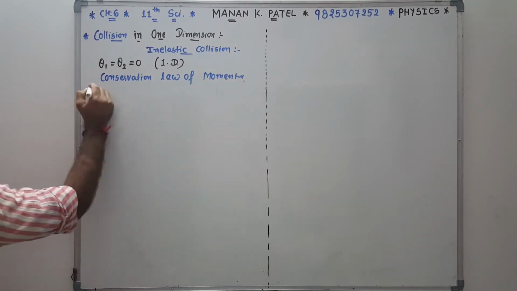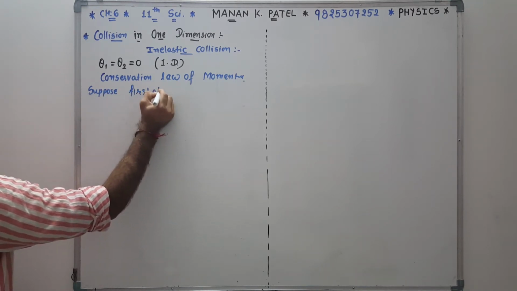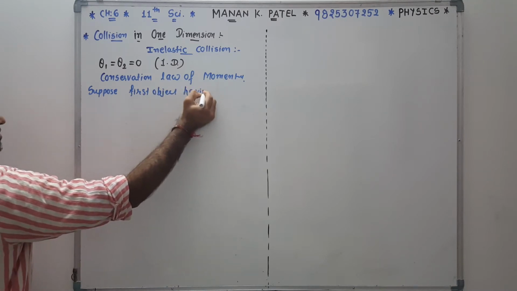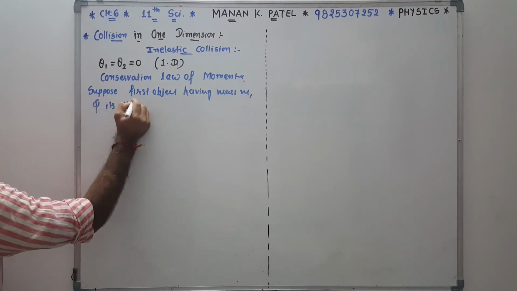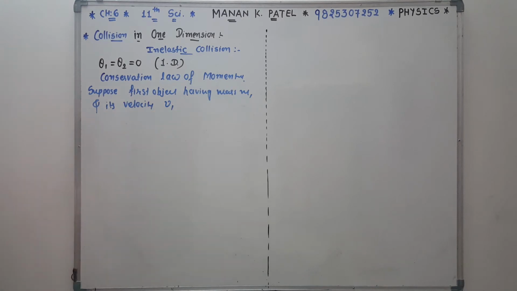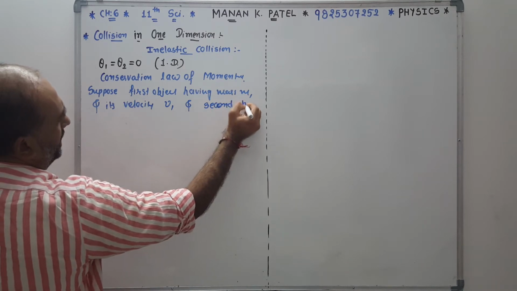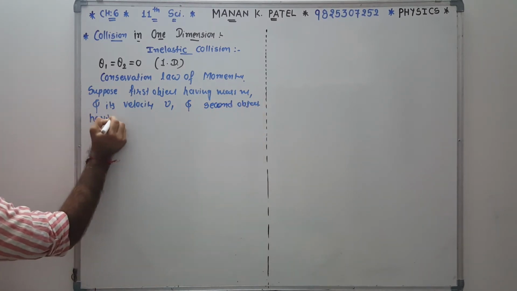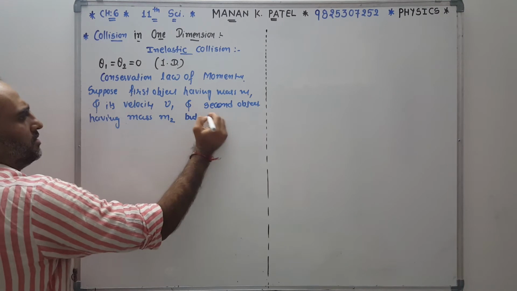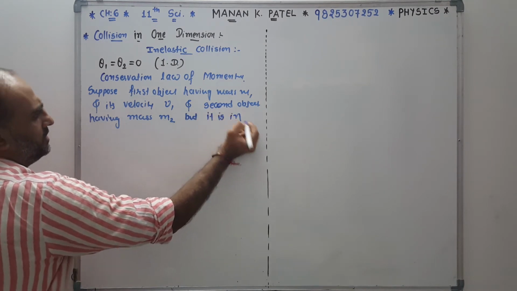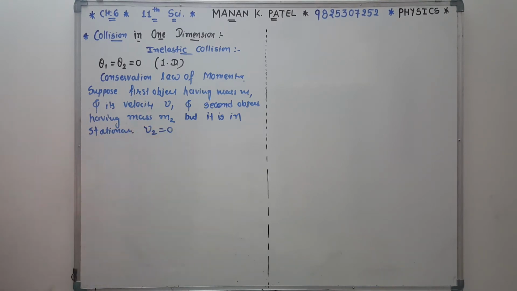Suppose the first object has mass m1 and velocity v1, and the second object has mass m2 but is stationary, that is v2 equal to 0.